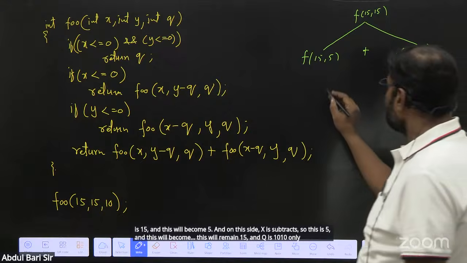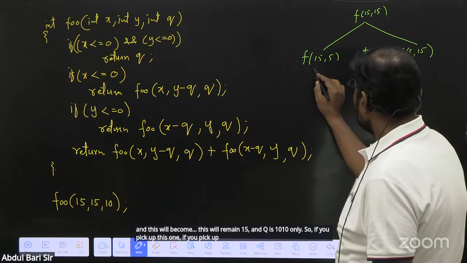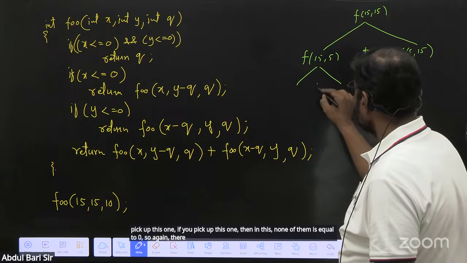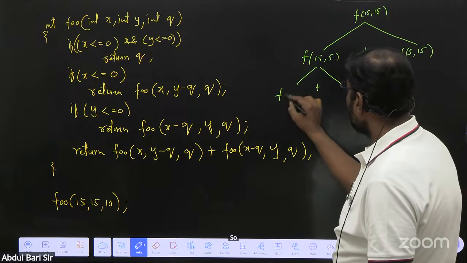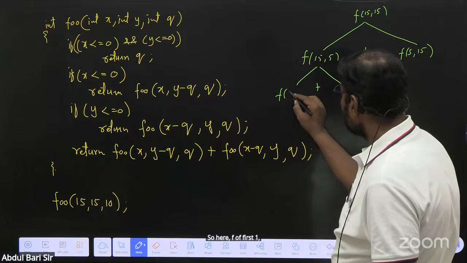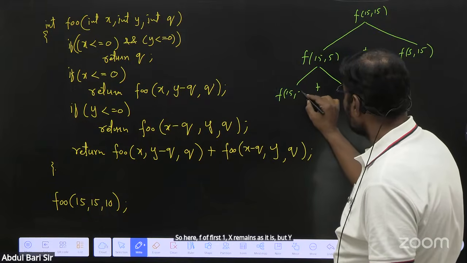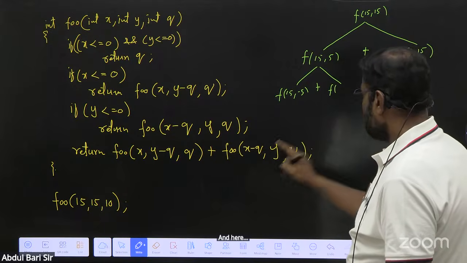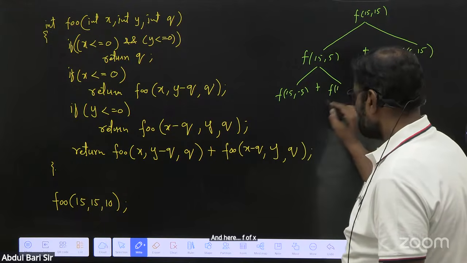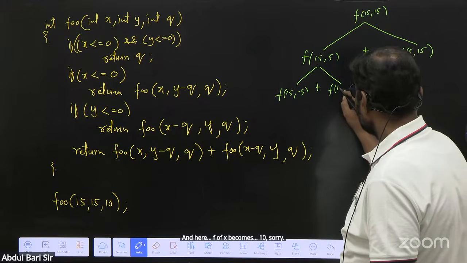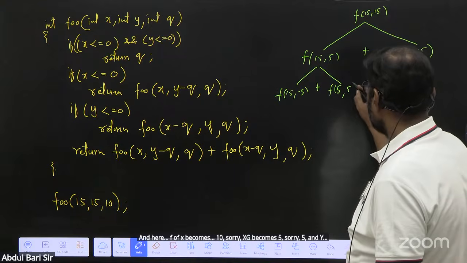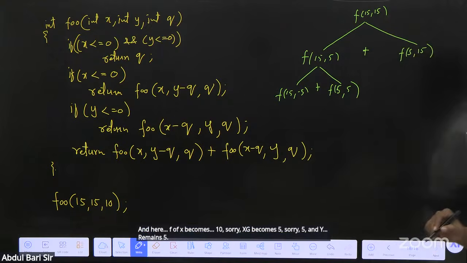So if you pick up this one, then in this, none of them is equal to 0. So again, there are two calls in this one plus. So here, f of first one, x remains as it is, but y becomes minus 5. And here, x becomes 5, and y remains 5.